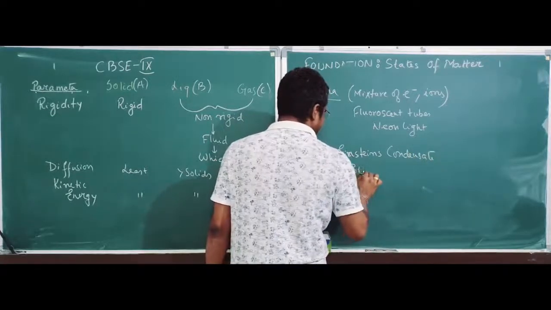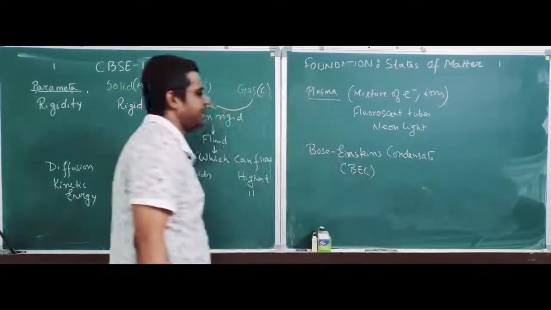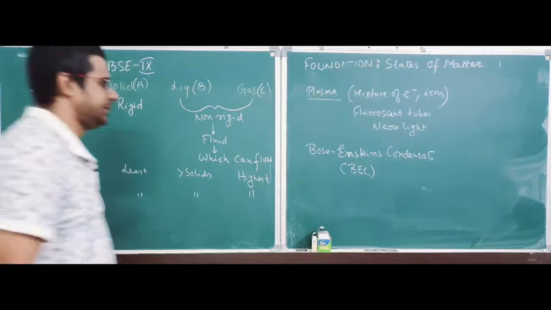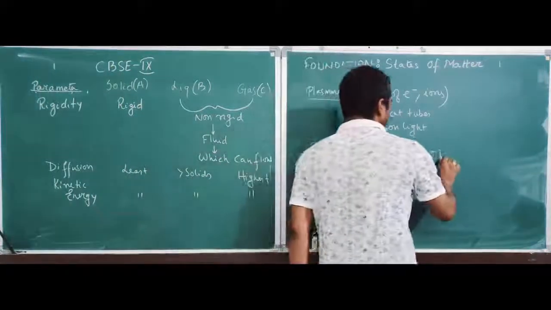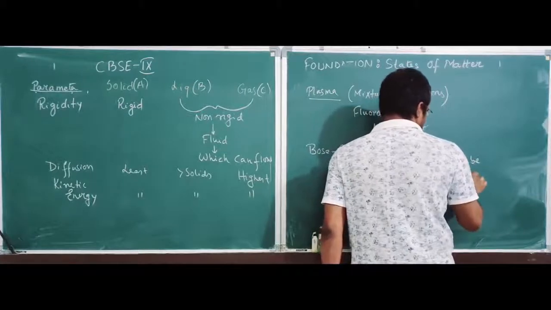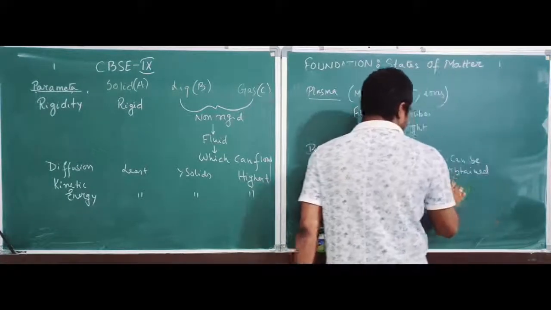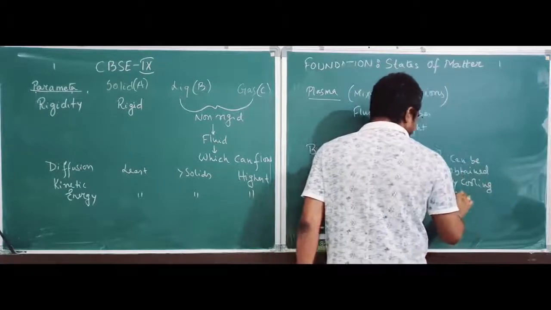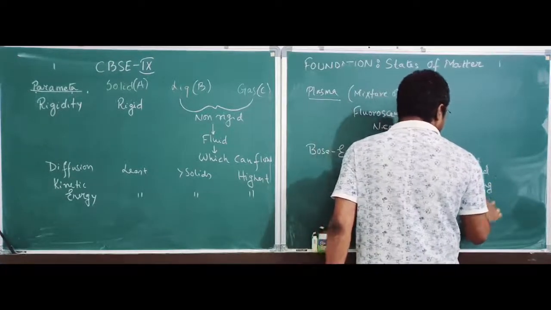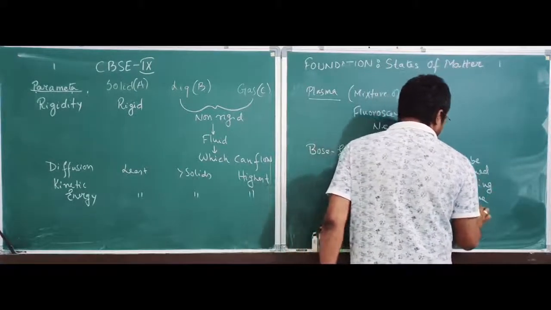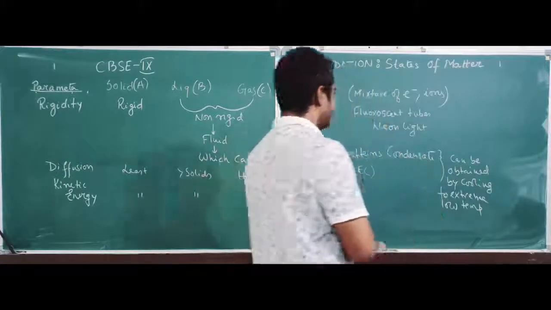This is another state of matter, it can be called the fifth state of matter. You can obtain this by cooling a substance to extremely low temperature. So this is just for knowledge purpose, you don't require much of it.